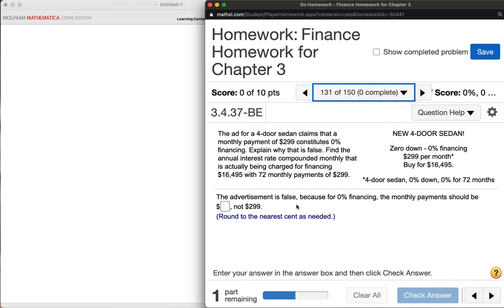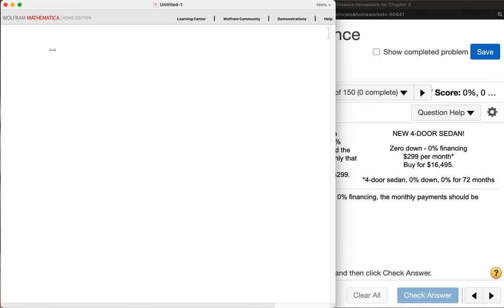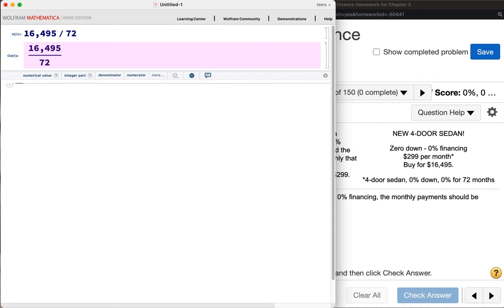The advertisement is false because for 0% financing, the monthly payments should be, well, it's going to be simple. You're just going to take the amount, which is $16,495, and divide it by 72 months. Shift Enter. Now we're getting a fraction, so Mathematica likes fractions.